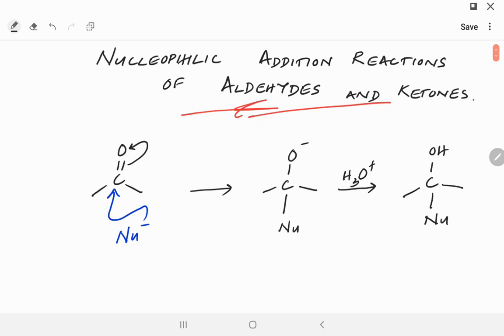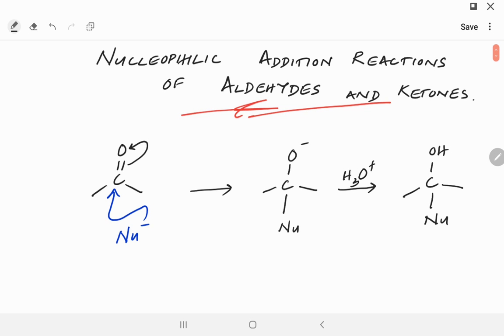There is another nucleophilic addition reaction which takes place on the carbonyl oxygen atom, but after protonation of the carbonyl oxygen atom, it will eliminate an OH minus, or a hydroxide group, or a water molecule, giving products that contain a carbon double bonded to a nucleophile.